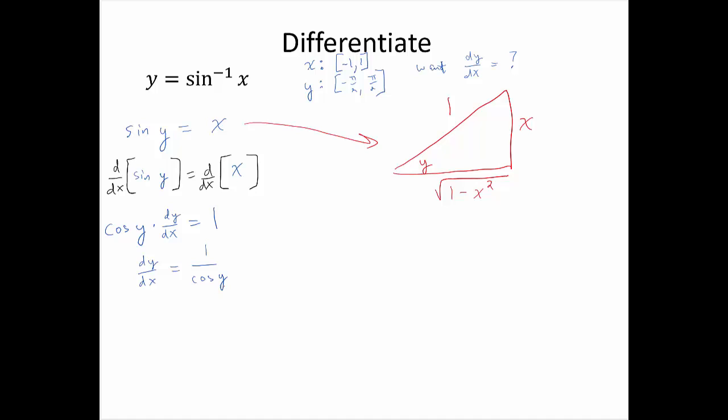Then the cosine of y would be the adjacent over the hypotenuse, so cosine y is the square root of 1 minus x squared over 1, and so then dy dx is equal to 1 over the square root of 1 minus x squared.